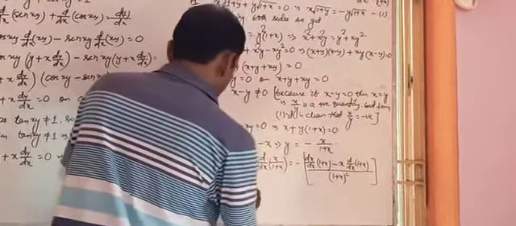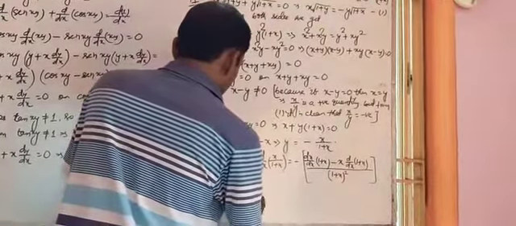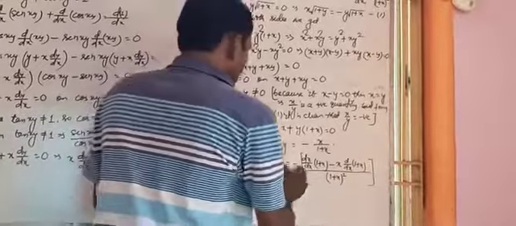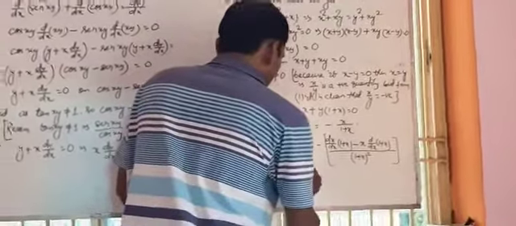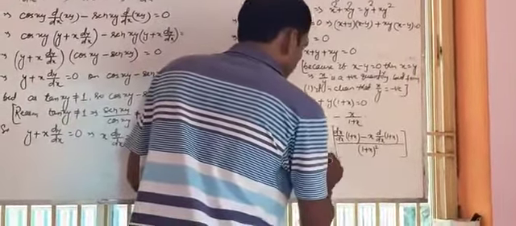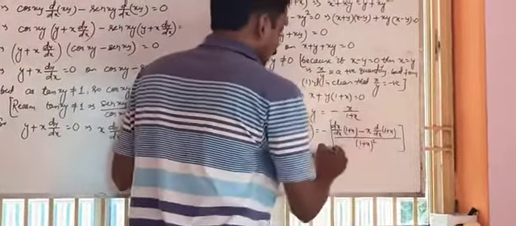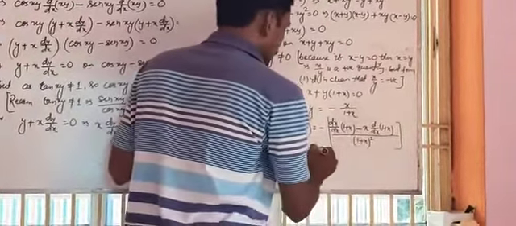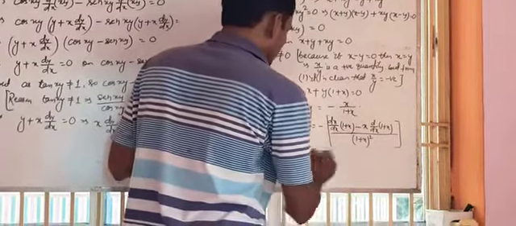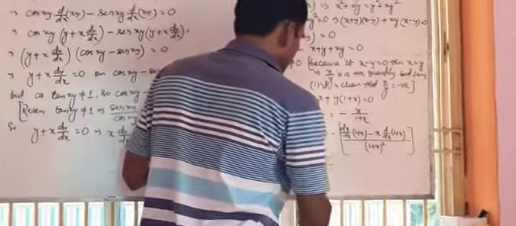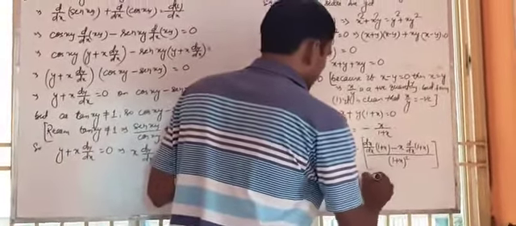So dy by dx equal to minus, derivative of x is 1, so 1 into 1 plus x is 1 plus x, minus x into derivative of 1 plus x, which is 1, whole divided by 1 plus x whole square.